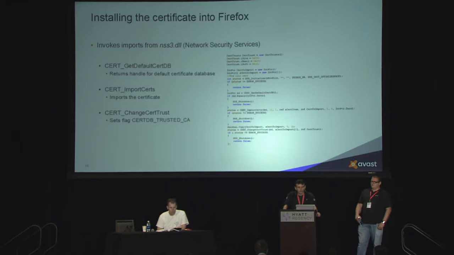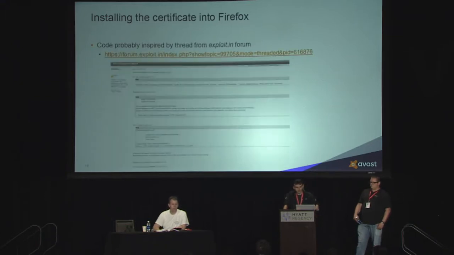There is the function called getDefaultCertDB, which gets a handle to the certificate database. Another function imports this malicious certificate, and then when the certificate is imported, it needs to change some flag or bit, which is called certDB trusted CA. So it sets this bit, imports the certificate, and the malicious certificate is also included into Firefox.